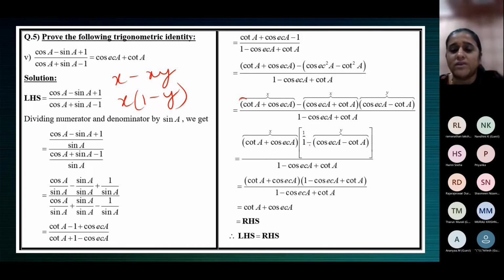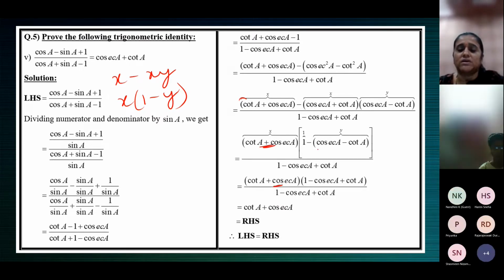The denominator as it is. So that gives you cot A plus cosecant A into 1 minus cosecant A plus cot A on opening the bracket. So now this gets cancelled. Cot A plus cosecant A, which is the RHS. Or cosecant A plus cot A, which is the RHS.